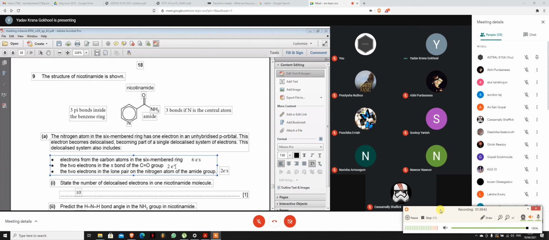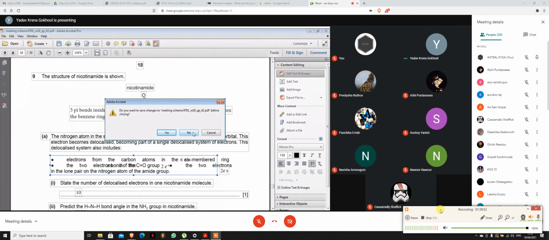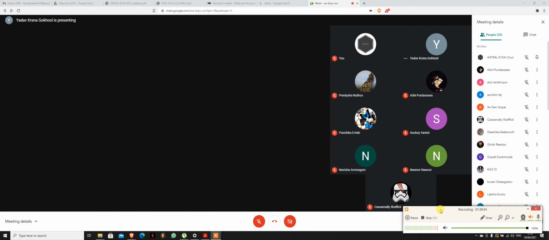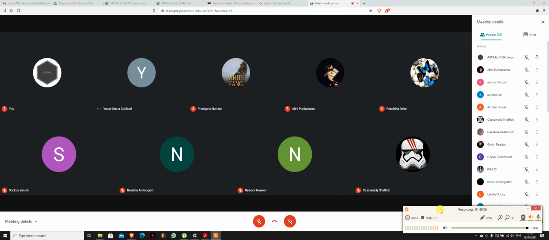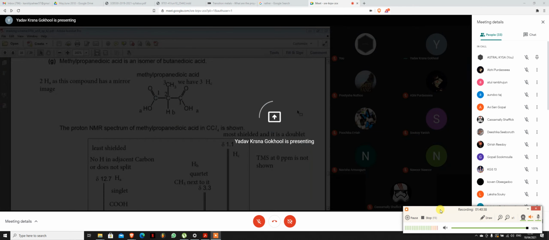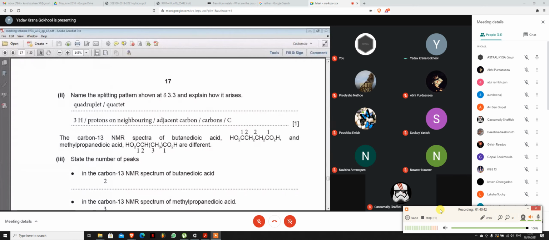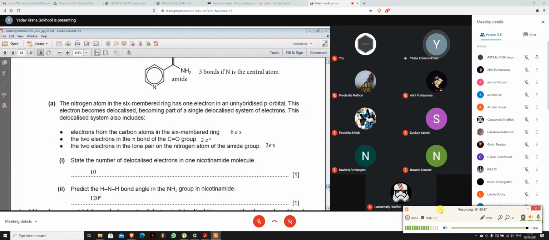So this is how you get the total. Okay, so 2 electrons, 2 comes to 10.